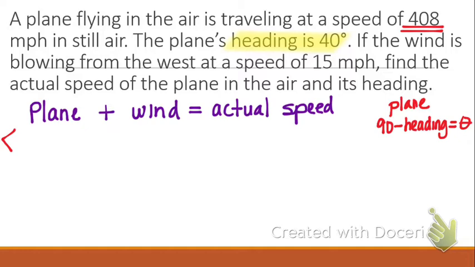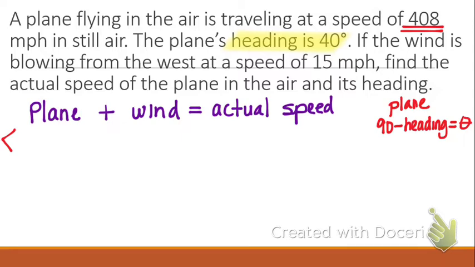So the angle that I'm going to use to find our horizontal and vertical component is 90 minus 40. So we're going to use 50 degrees. So when you're trying to find your horizontal and vertical component, you use the direction. You don't use the heading. That's really important.